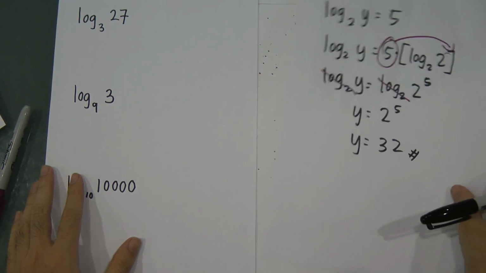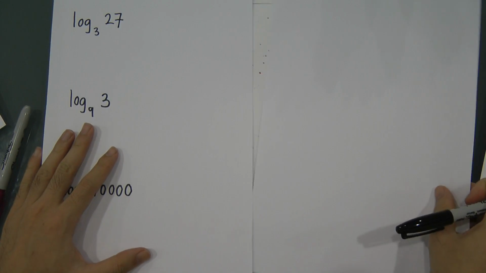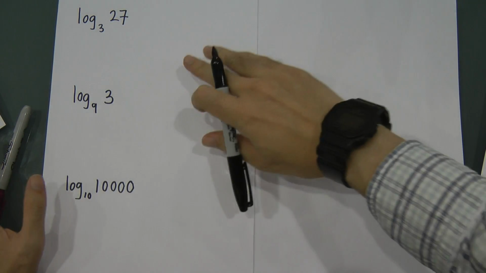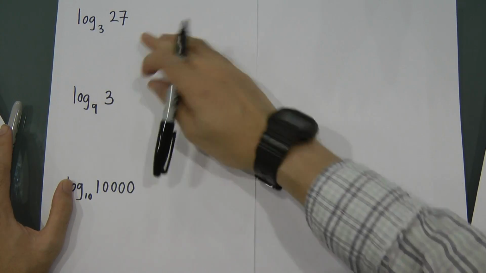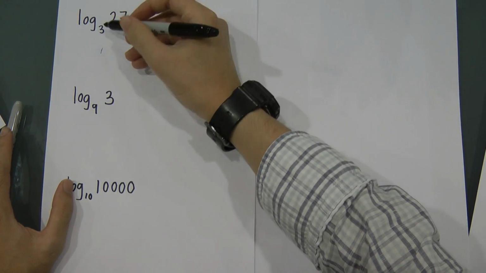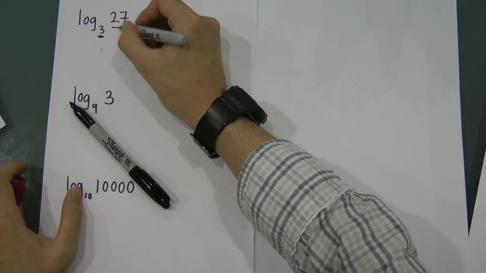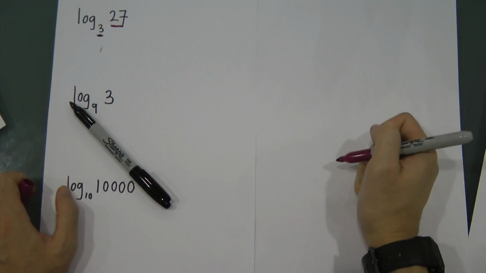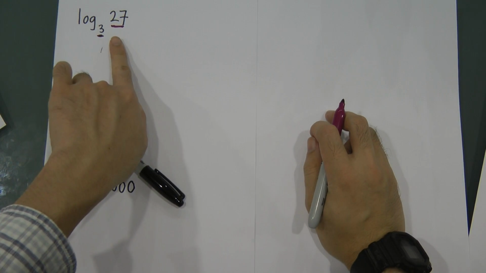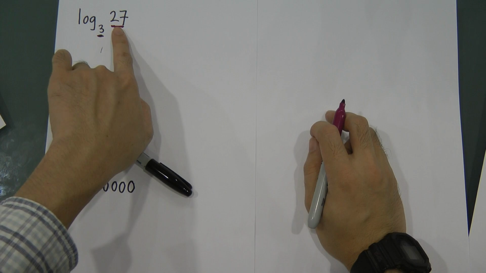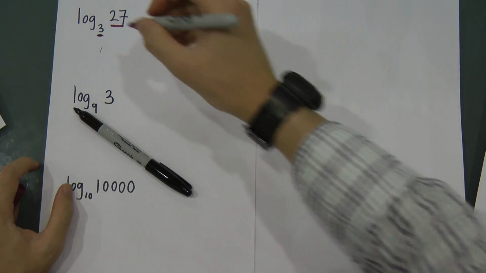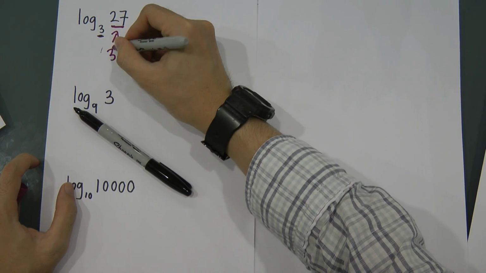Okay, for this one, what is the value? So I am trying to simplify this one. Whenever you see a base, you always check whether the base and the number over here have a relationship or not. 3 and 27. Obviously 27 can be divided by 3, and I also know that 27 actually is 3 power of 3.